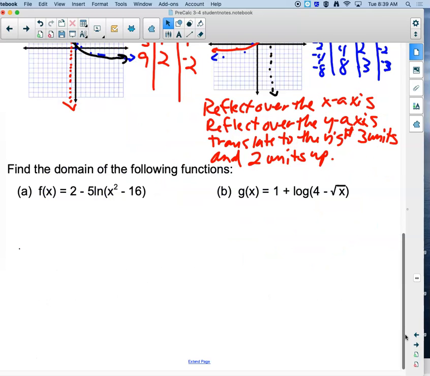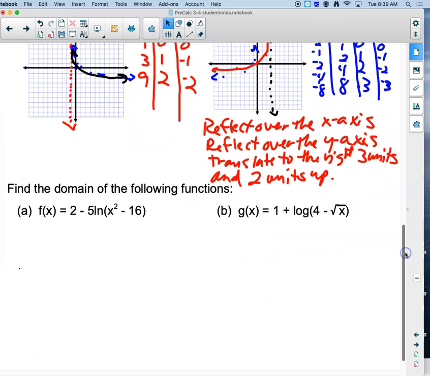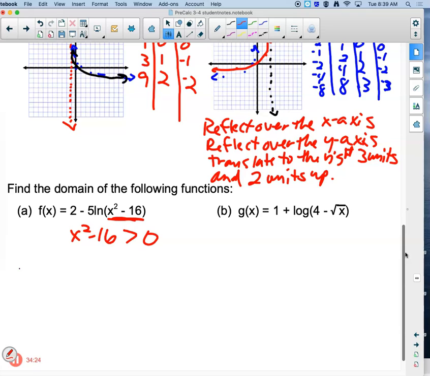Now, let's just say that we don't have to do the whole thing. Let's say that we just want to know what the domain of these functions would be. Well, what we have to do is remember that domain comes from the x's. So what I have to do is make sure that this is greater than 0.